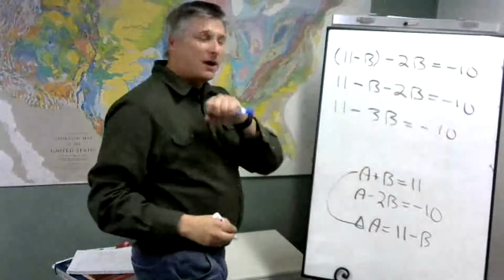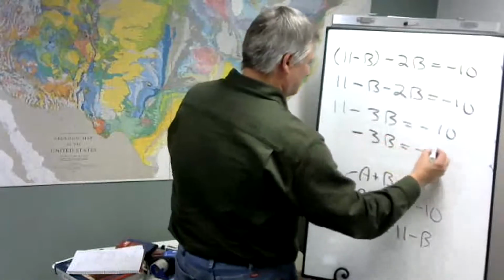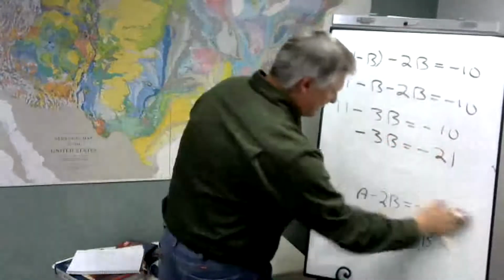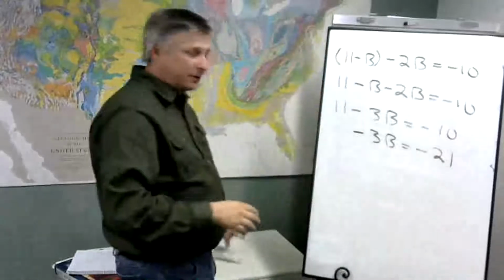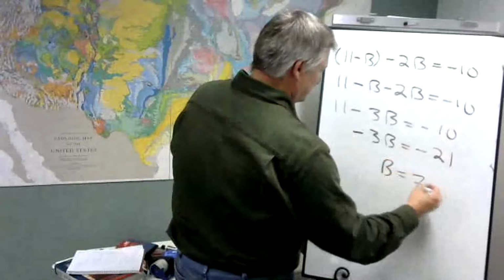Subtract 11 from both sides. And we get that. Now divide by negative 3. B is 7.